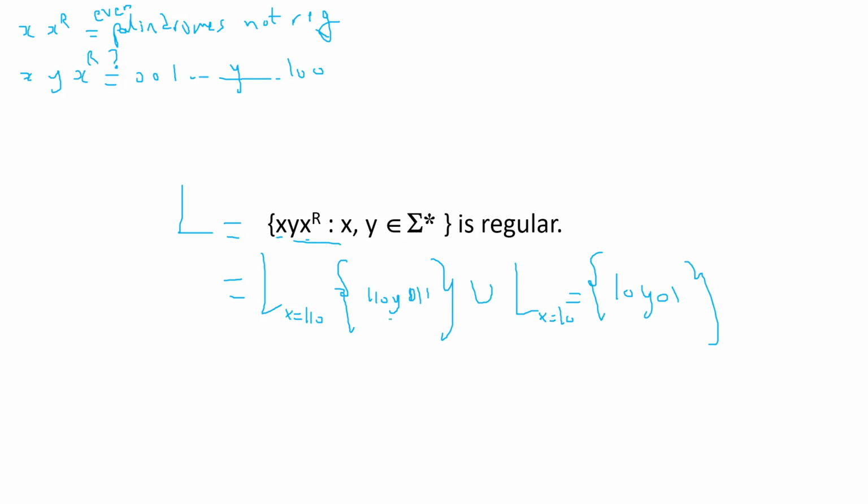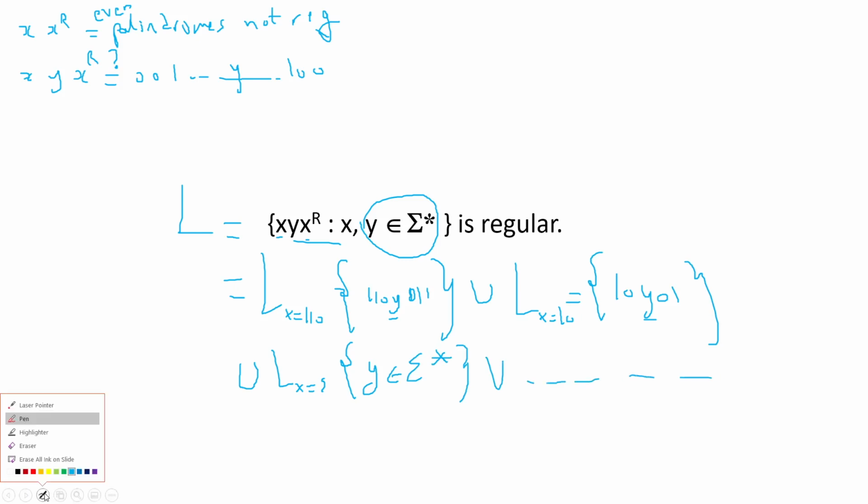And this y here is arbitrary. It could be anything. That's the trick. Y is in sigma star. So what happens when x is epsilon? You're saying y is anything, union a whole bunch of all the other different values for x. But what I care about is this x.